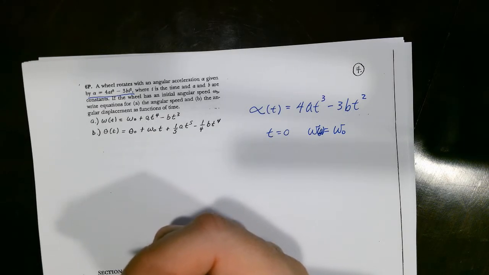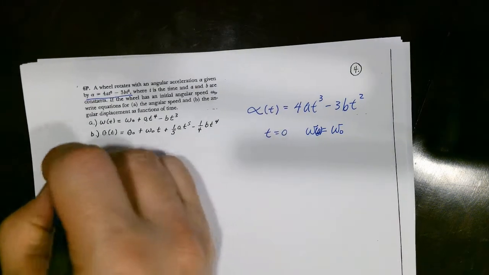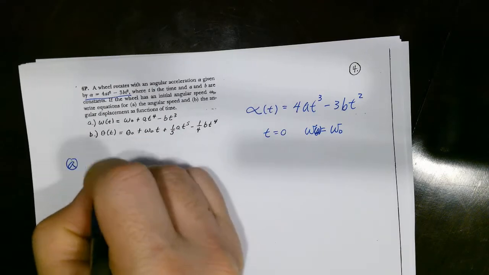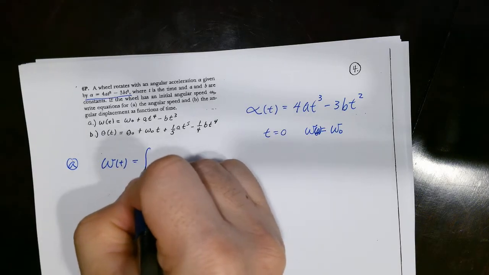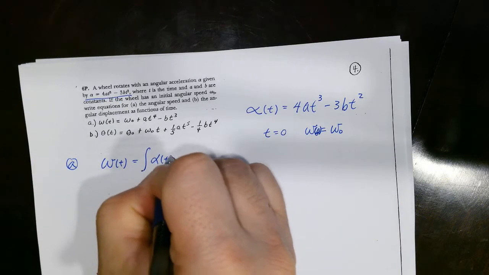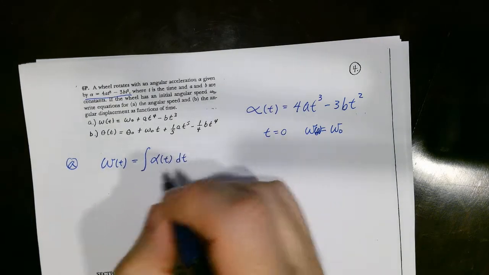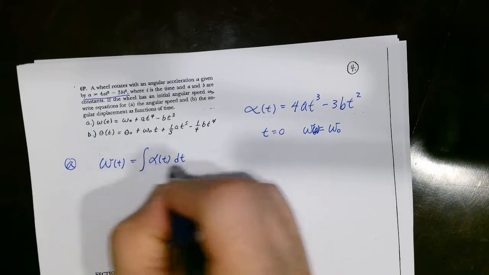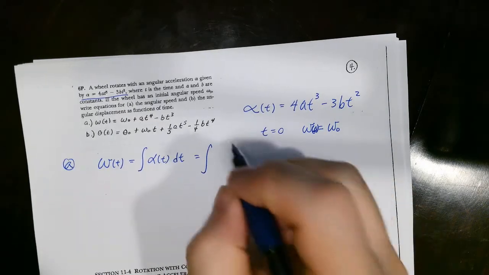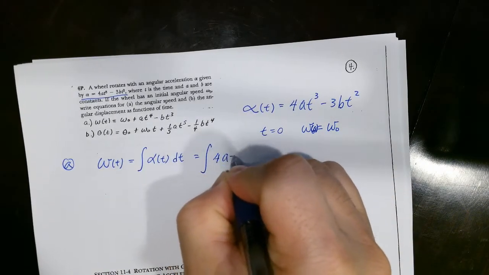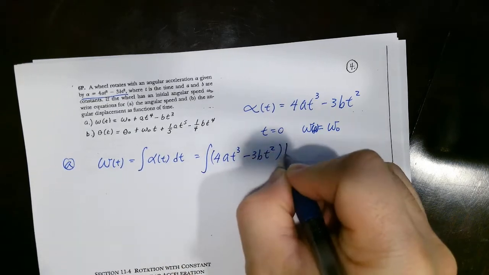So here, A, what is the angular speed? For part A, the angular speed, omega of t, is basically the integral or antiderivative of alpha of t dt. So this is the integral of 4at cubed minus 3bt squared dt.